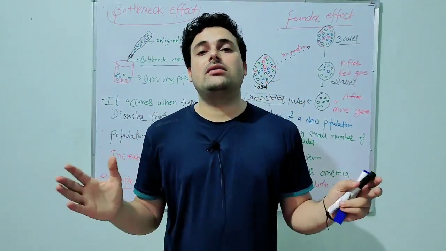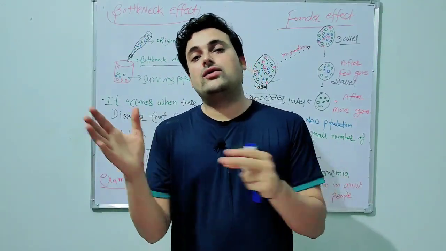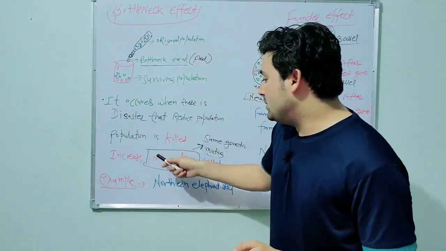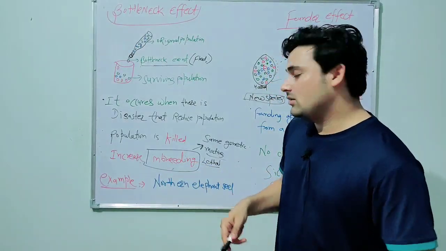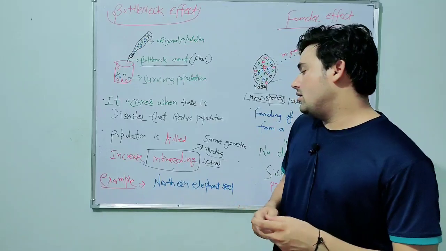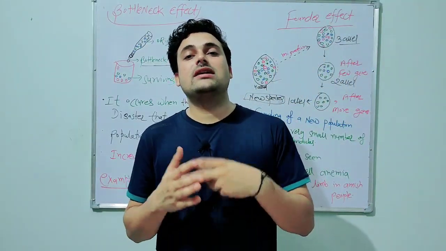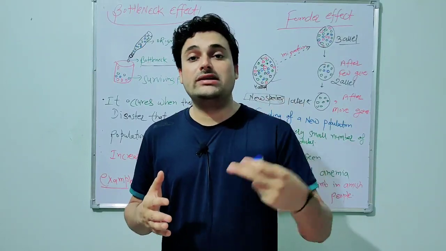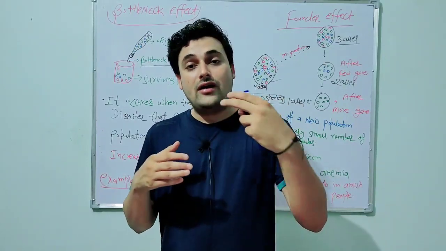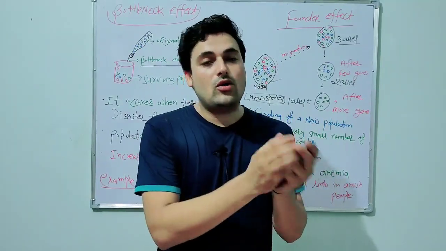There are no different kinds of individuals available for mating, so inbreeding will happen, and inbreeding always gives the expression of lethal genes. It will affect the population because it will kill the organism.